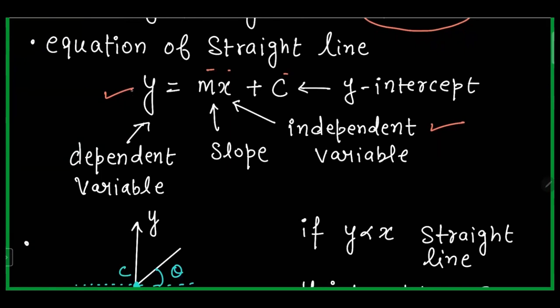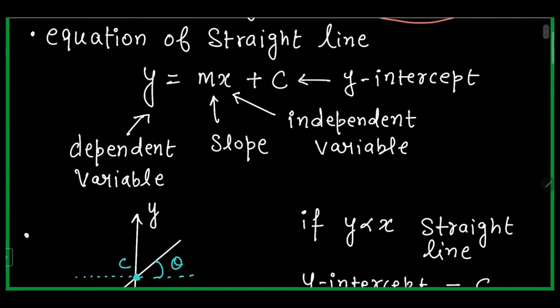Now this equation which you are seeing here, y equals mx plus c, is an equation of a straight line. In this equation, m is known as slope. I will tell you what slope actually is, and c is known as y-intercept.